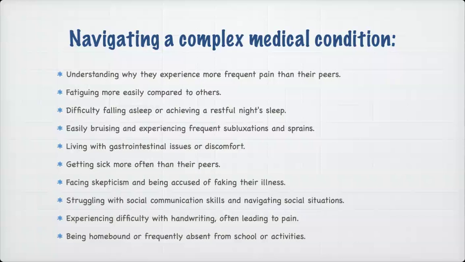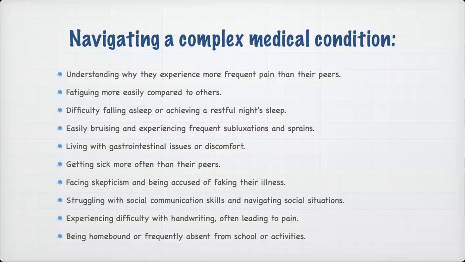They might live with gastrointestinal issues or discomfort, and that is related to hypermobility. They might get sick more often than their peers. They face skepticism and being accused of faking their illness, such as in physical education, where they're told they're lazy and they just don't want to run another circle around the soccer field, yet their ankle is just more sore.